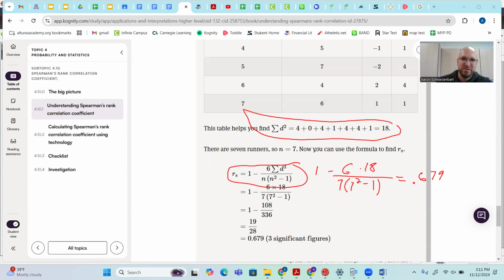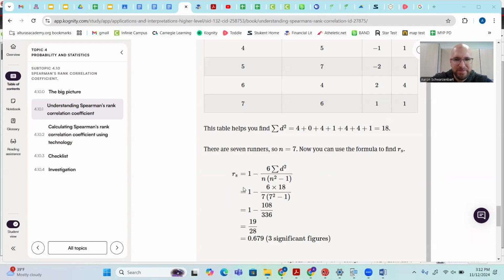So that's it in calculating it. It's a little bit tedious, since you have to calculate all those distance squareds between the ranks, but it really wasn't all that hard.